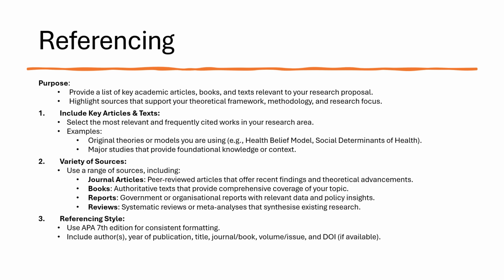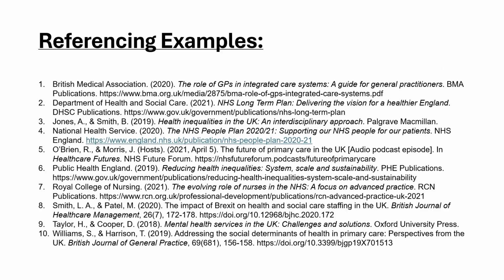For the referencing style, of course, we agreed in this institute to use APA 7th edition for consistent formatting. Include authors, year of publication, title, journal or book, and volume, issue, and DOI if available. You will be learning how to do the APA referencing style in the next couple of weeks.